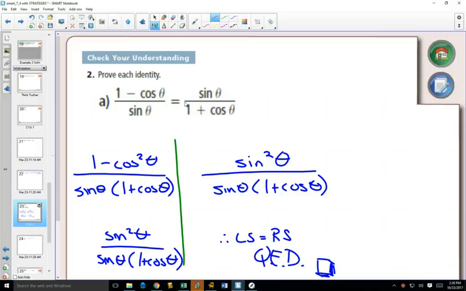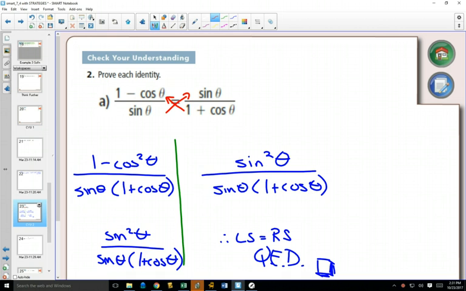But if you look at a question, and if you were to cross multiply right at the beginning, multiply along the diagonals, do you see that you would get the 1 minus cos squared and the sine squared? If you get one of your three Pythagorean identities right away when you cross multiply, you can use the build the other side strategy to quickly solve it.